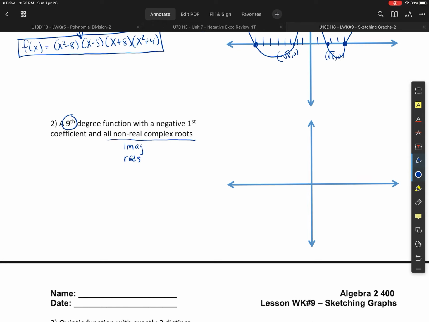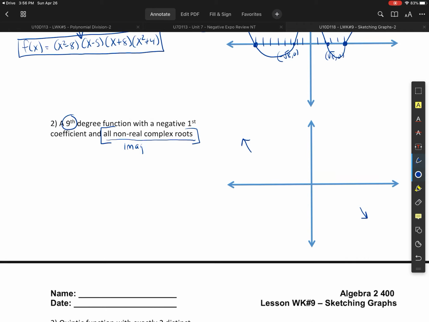Now, what is the issue here? 9th degree means that if we're going up here, we're going down here. So at some point, we have to pass through the x-axis. All non-real complex roots. Since this says all non-real complex roots, oops, I wrote rads. Can't even be rads. My bad, just imaginaries.